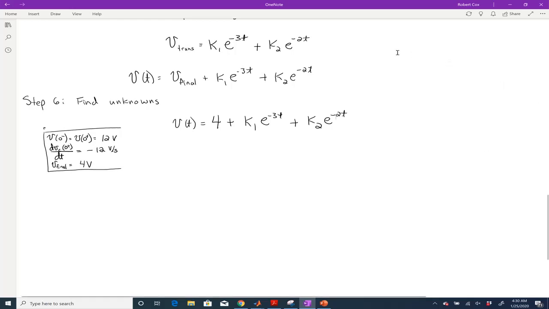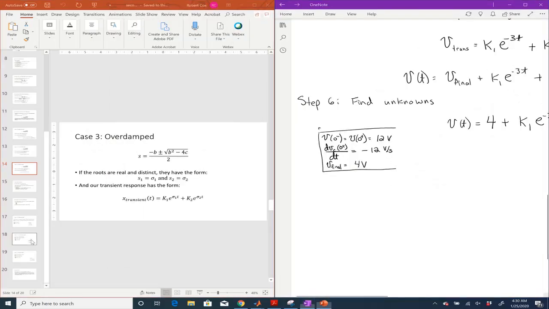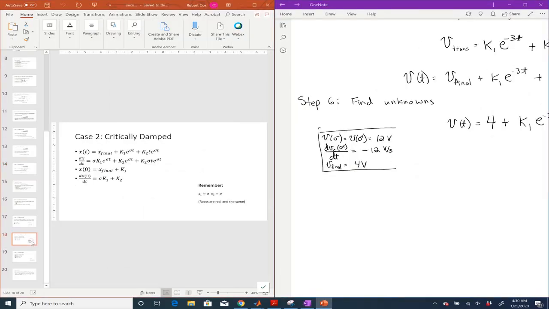Now, in this particular case, taking the derivative is not hard, but I actually did that already in the notes, so I'm just going to jump to that. In the notes I said, if I had x of t equal to this, taking the derivative is very simple, and I already showed you what happens when I evaluate it.